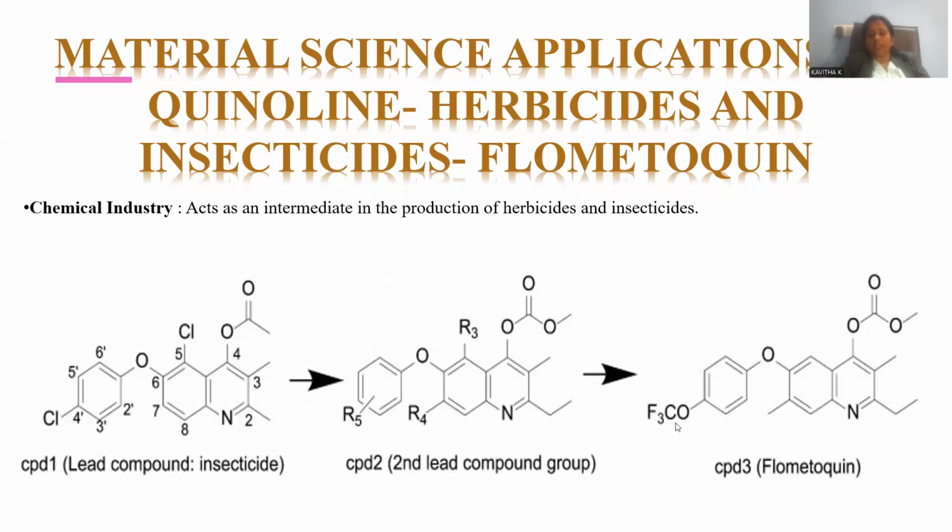It could be a methoxy actually. It could be methoxy; instead, we are having 3 hydrogens replaced with fluorine, so that it is called trifluoromethoxy. So these are the functionalities located at position number 7. This is having potential insecticidal activity, which is called flumetoquine. Flumetoquine is a kind of quinoline-based auxiliary with insecticidal function.